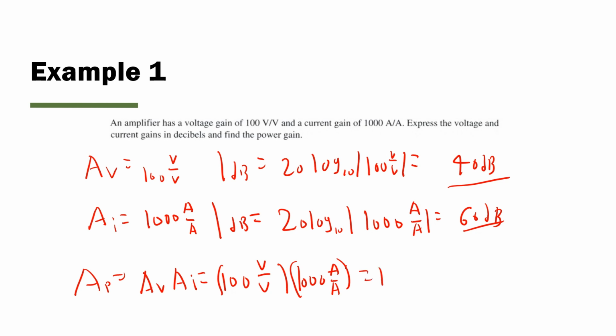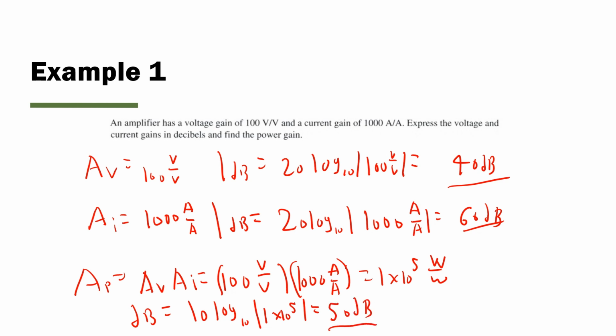So this would be 1 times 10 to the power of 5 watt per watt. And to convert this into decibels, it would be 10 times log base 10 of 1 times 10 to the power of 5. And that is equal to 50 decibels. Let's continue.